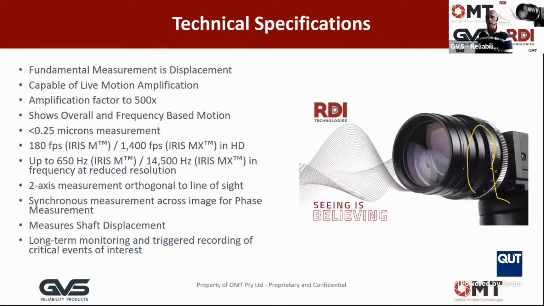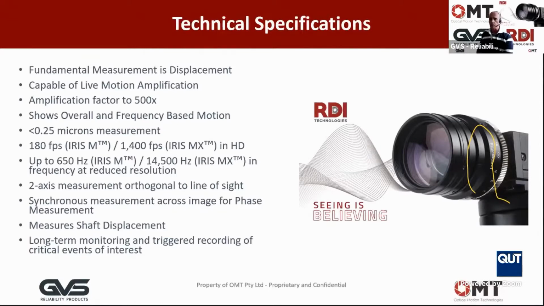From a technical specification point of view, fundamentally we're measuring displacement with the video camera. We're also capable of doing live motion amplification. That is, we can be looking at a live stream of the video we're acquiring, but applying amplification to that video footage live, so we can see how the thing is deflecting right there on the screen.